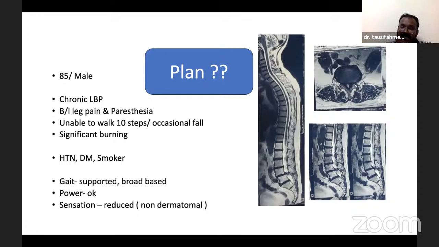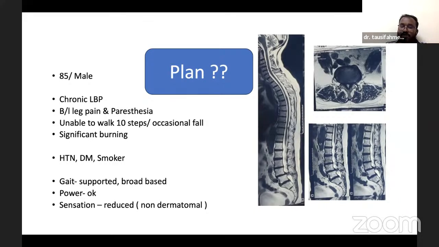The indication for this is usually clinical radiological mismatch, I would say. Considering this case, he has bilateral lower limb paresthesia, history of occasional falls, and the gait being broad-based, it does not support the radiological picture which we have seen.